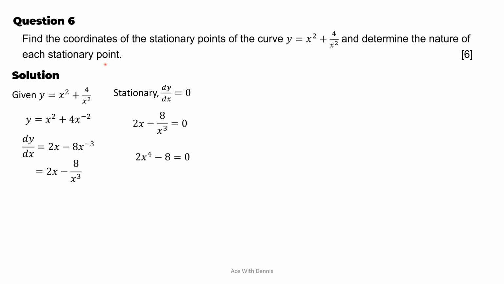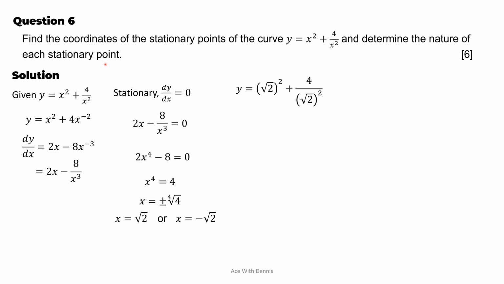Then we solve this equation. Multiplying both sides by x cubed, we get 2x to the power 4 minus 8 equals 0. So x to the power 4 equals 4. So x will be plus or minus the fourth root of 4, which means x equals square root of 2, or x equals negative square root of 2.